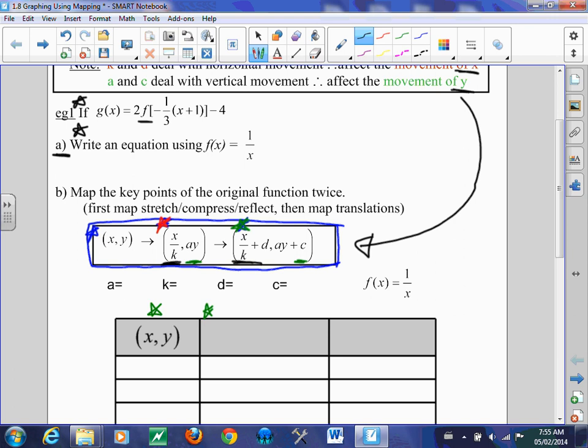So when we go to write our equation, ladies and gentlemen, g of x is going to equal 2, because that's A, but it goes on top, right, when you're dealing with the reciprocal function, okay, over K, which is negative 1/3, times x plus 1, all minus 4.